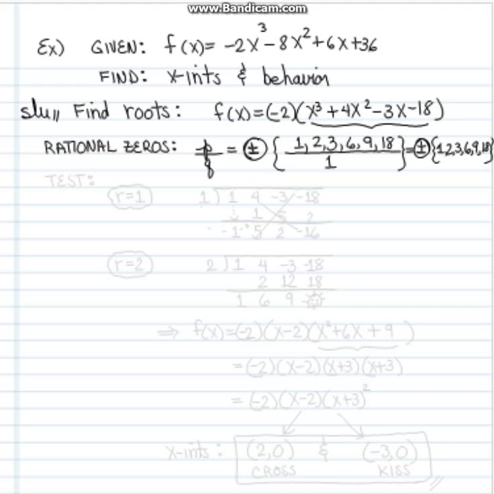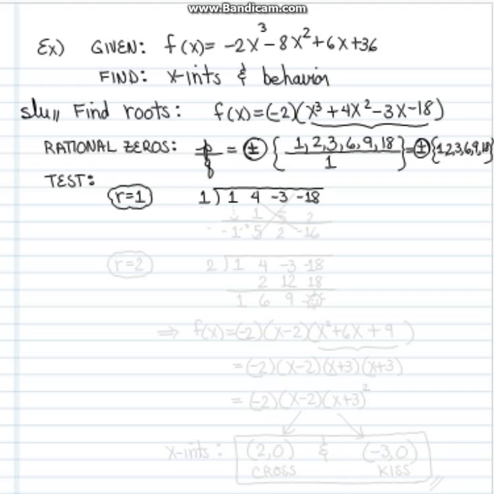Okay, now we're going to test the zeros. First we'll test r equals 1. Synthetically divide by 1 our polynomial x cubed plus 4x squared minus 3x minus 18. The coefficients are 1, 4, negative 3, negative 18.